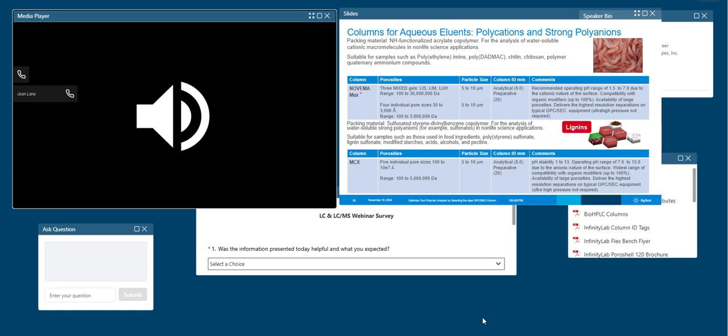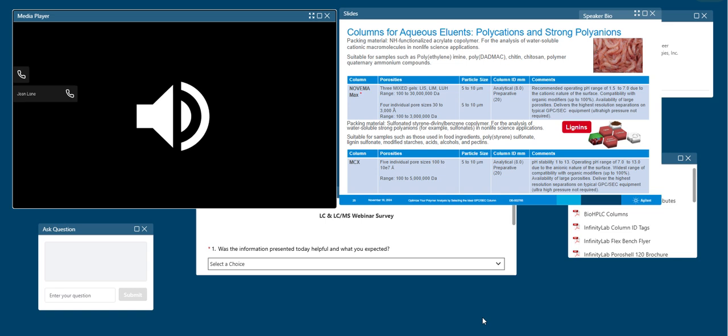For the MCX packing, this is a sulfonated styrene divinyl benzene copolymer, suitable for sample types such as polystyrene sulfonate, lignin sulfate, modified starches, and those also mentioned here. These columns are available in 5 individual pore size options with 5 micron and 10 micron particles.